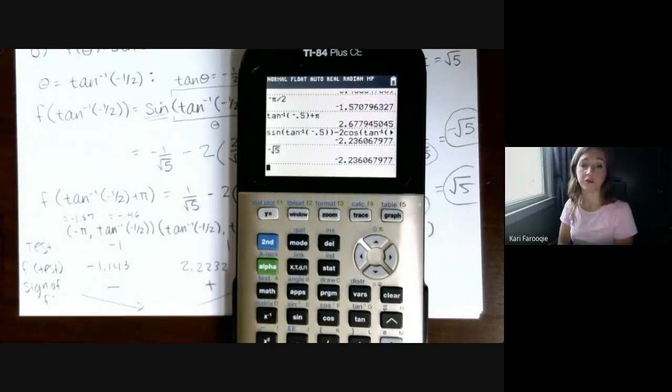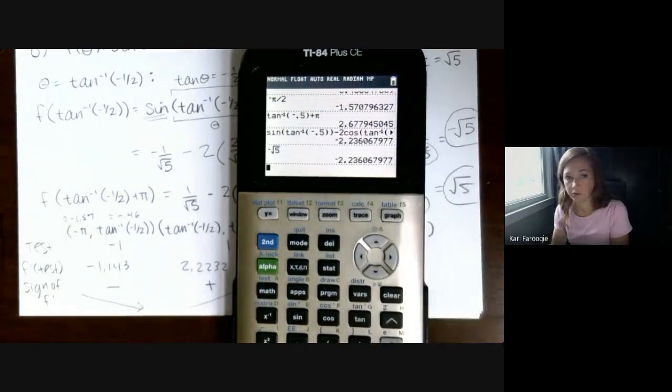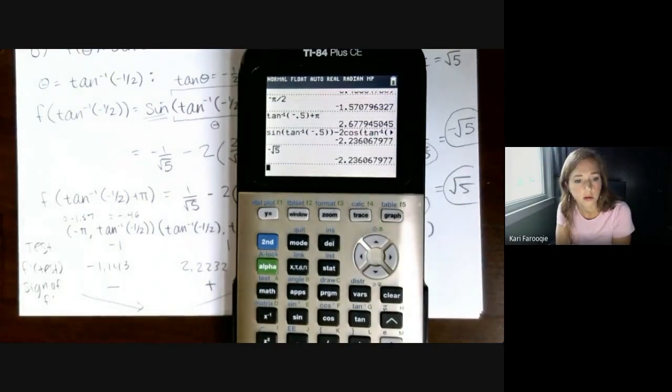But you wouldn't have known that unless you would have actually gotten through your triangle, because you would have just said, okay, well, I don't know what this value is, and you would have approximated it, and the answer would not have been correct. So that's that one in a nutshell.